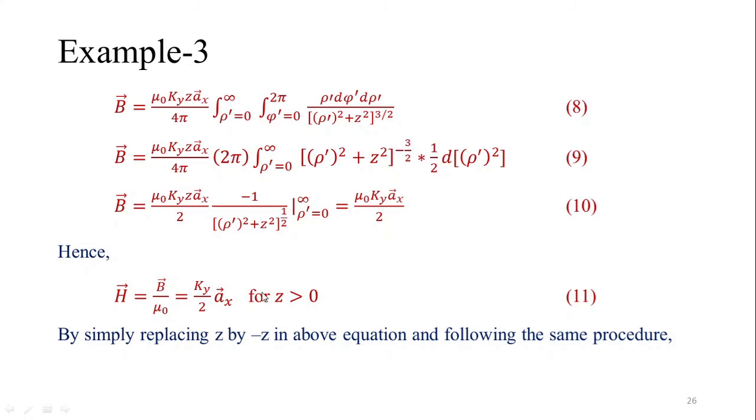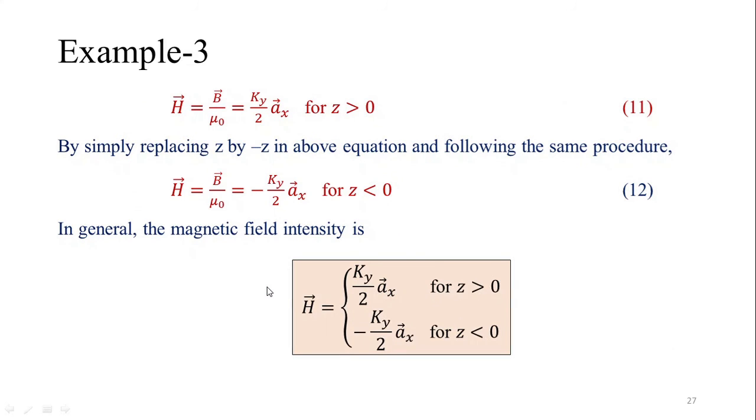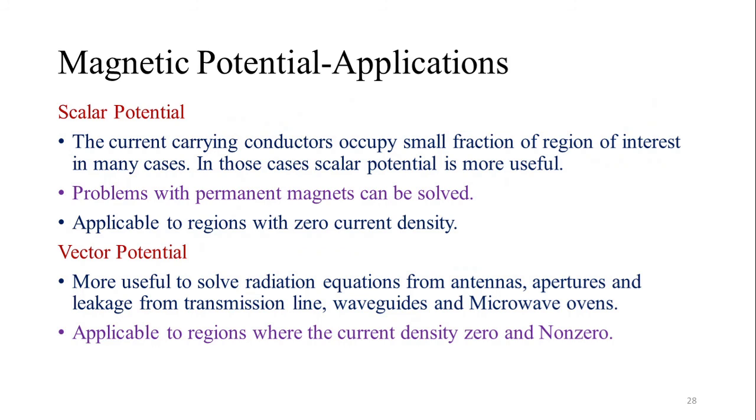For z less than 0, simply change ax to minus ax. So the magnetic field intensity H vector is Ky by 2 ax for the region z greater than 0 and minus Ky by 2 ax for the region z less than 0. I mean, above the surface you will have Ky by 2 and below the surface you will have minus Ky by 2.